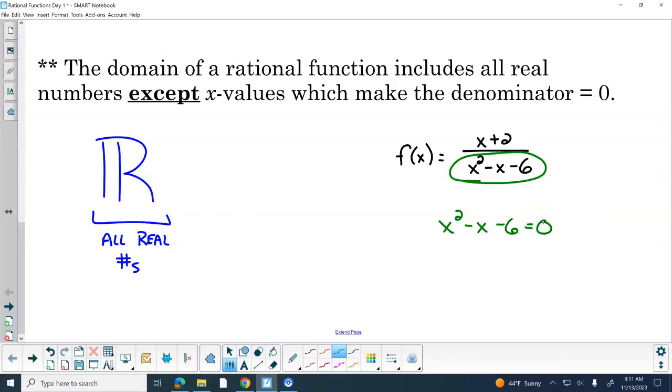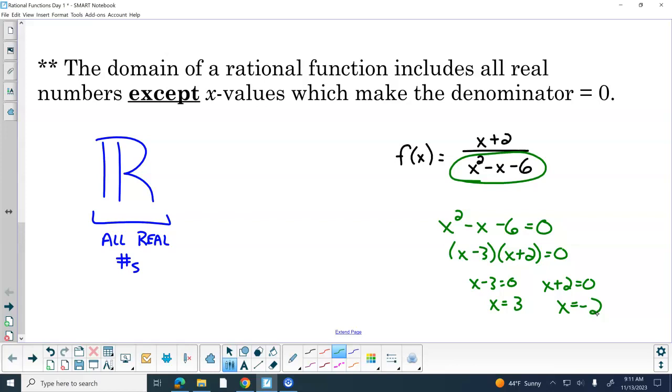Which in this case you would get then, so those two numbers would be excluded from the domain.